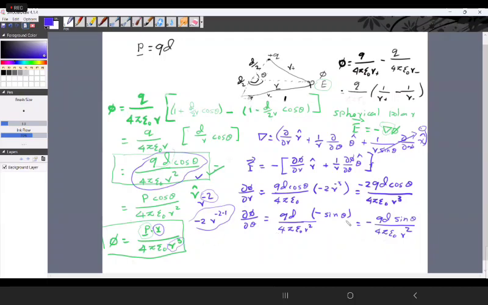Okay. So now that we know the partial of phi over partial of r and the partial of phi over partial of theta, we will substitute in our E. This is E. So E can be written as minus times the partial of phi over partial of r, which is minus 2 q d cos theta over 4 pi epsilon naught r cube along the r direction.